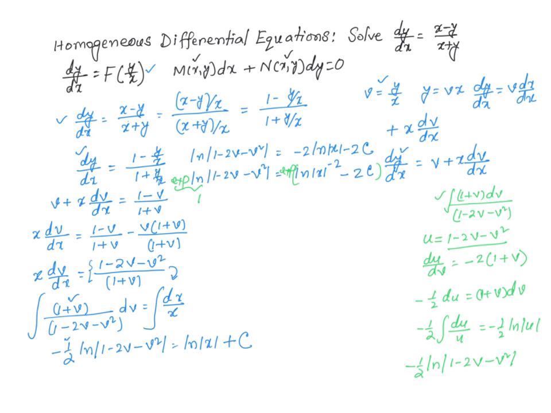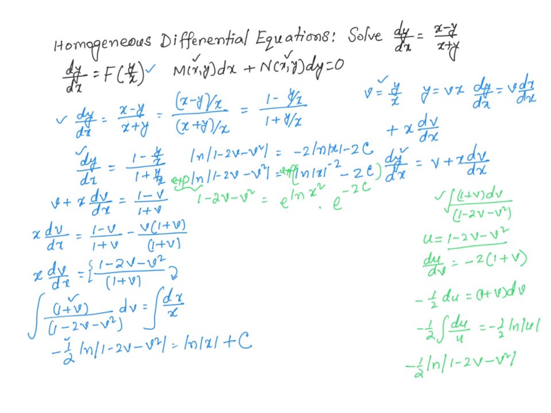That's going to leave me with 1 minus 2v minus v squared is equal to e to the power ln of, I'll just put x squared. I'm assuming that we are dealing with real numbers here only for the sake of argument. Times e to the power negative 2c.